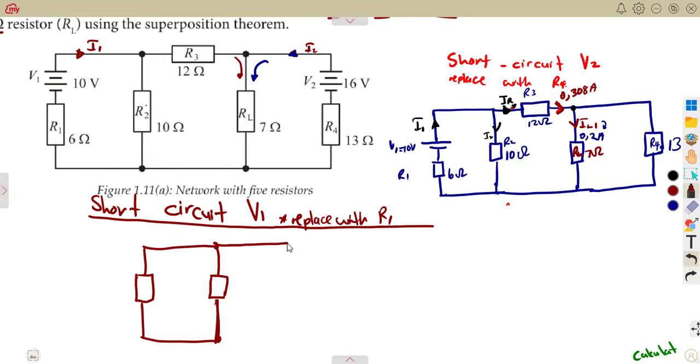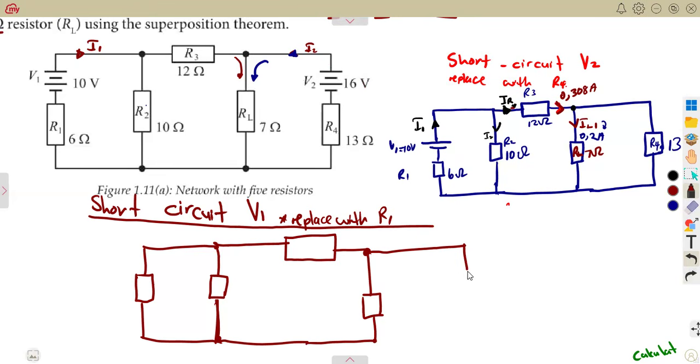Then to R3, everything, guys, is just going to remain as it is to R3. Then to the load resistor, which is this part. Then to V2, which is now the supply of the circuit this time. So we are now considering V2 as the supply. So this is how it is going to look.